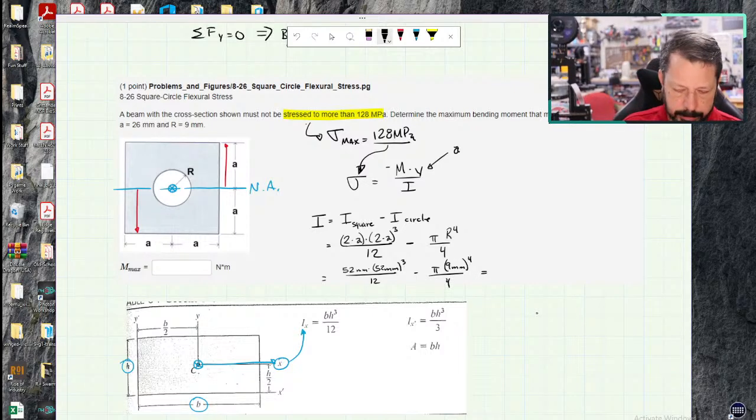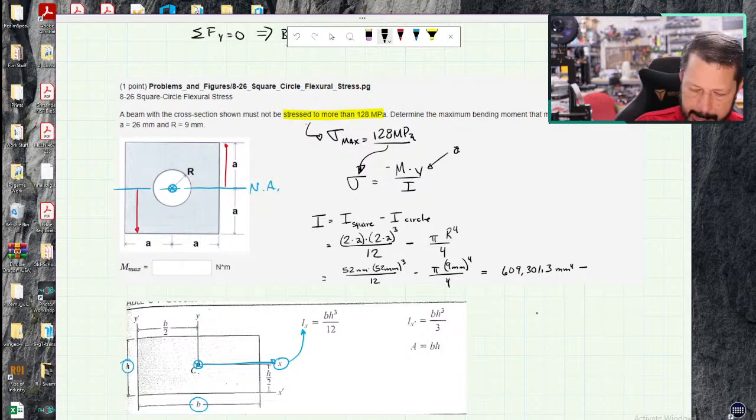It's really 52 to the fourth in my numerator, so a giant number divided by 12. Still a big number. 609,301.3 millimeters to the fourth, minus 9 to the fourth times pi divided by 4.